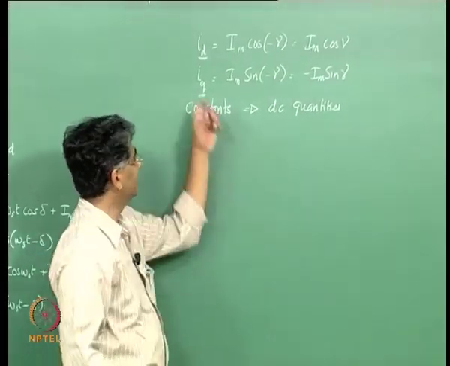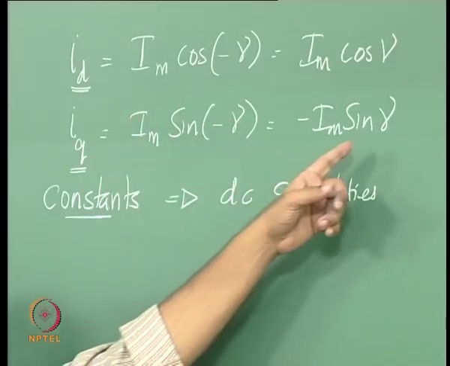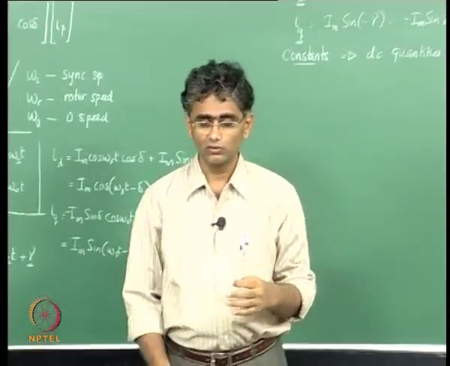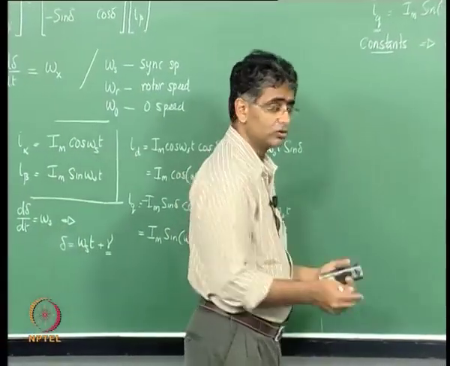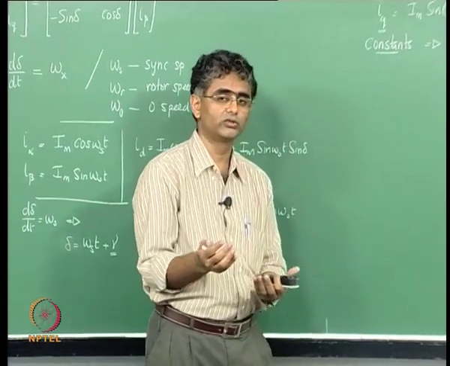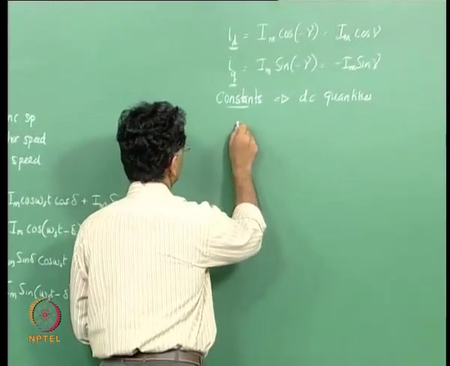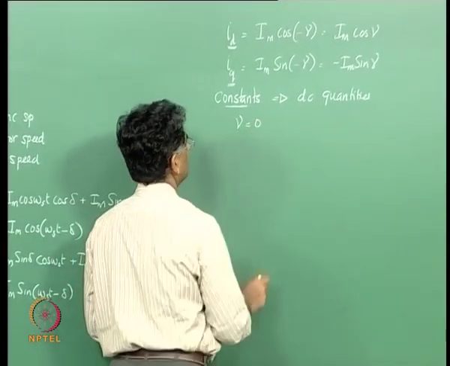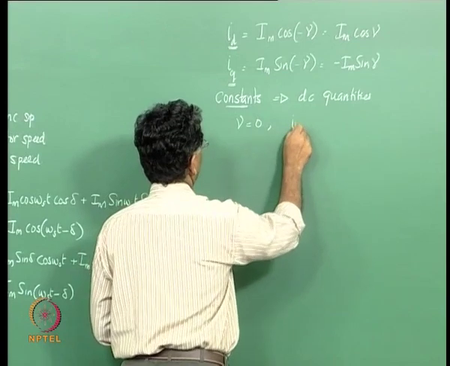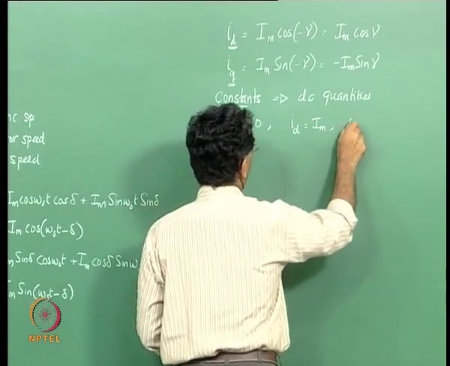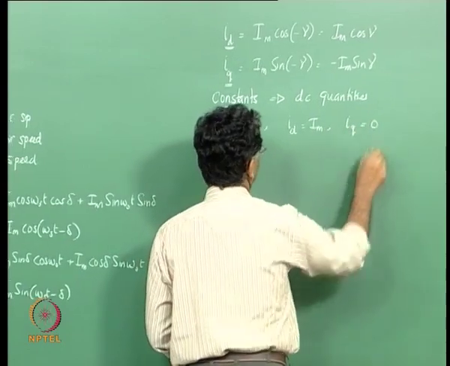How much is the DC value, however, depends on the angle which the d axis makes at t equal to 0. One can choose that angle appropriately, based on any condition that you want, and if you choose gamma equal to 0, then Id becomes equal to Im and Iq is 0.